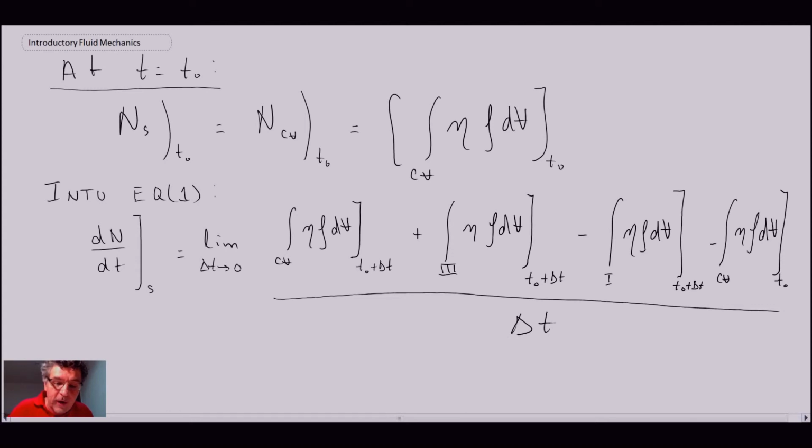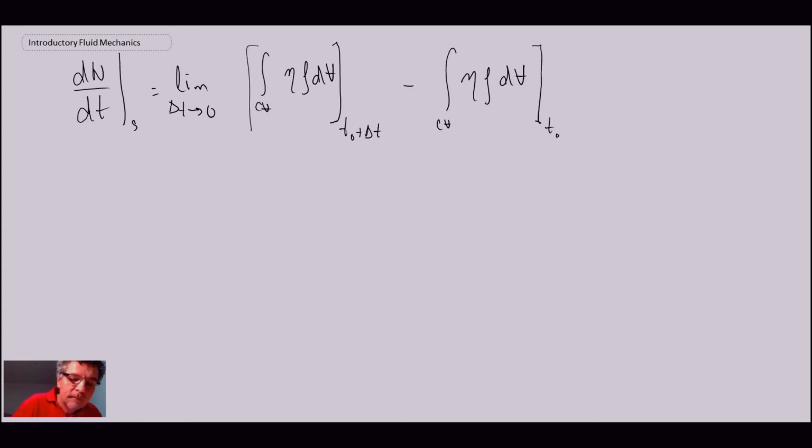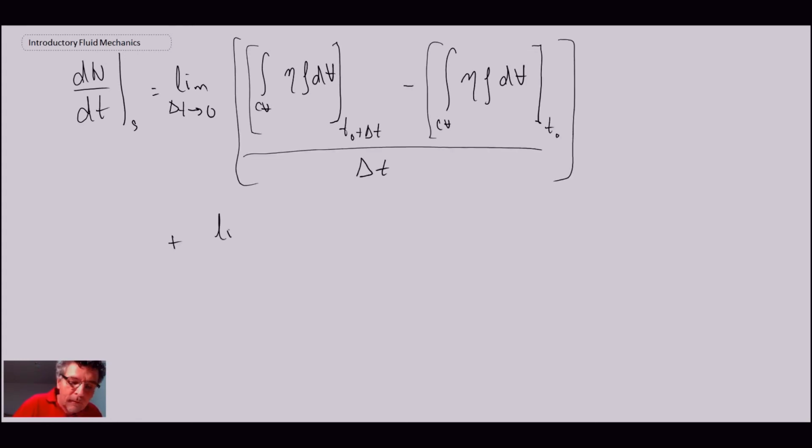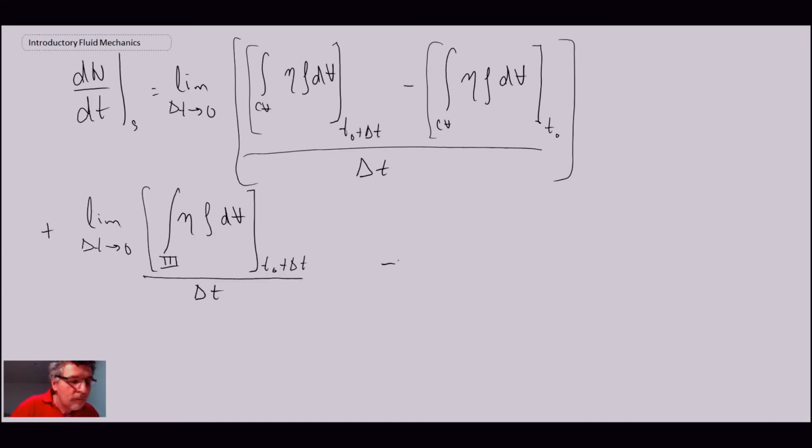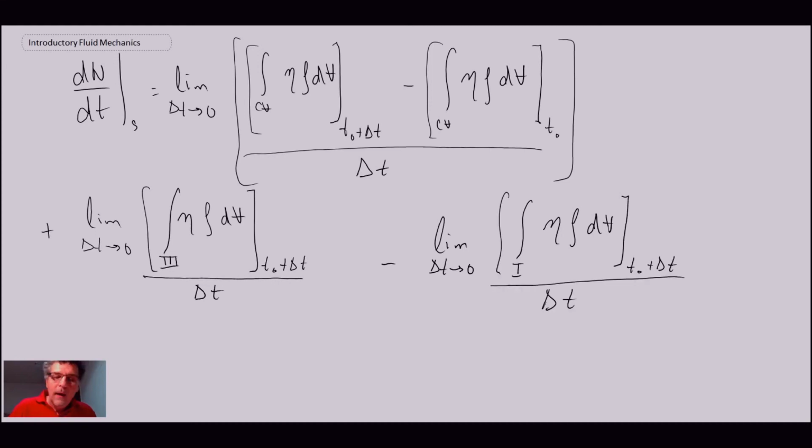I'm now going to rewrite this equation and break it into terms that are either control volume, region 1, or region 3. So let's go ahead and rewrite it. Okay, so our equation is getting cleaner and cleaner. That's a joke.